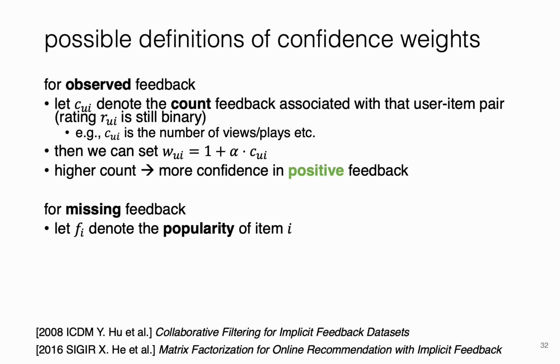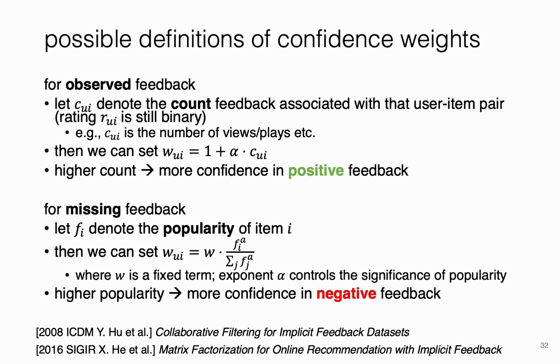Now we can set weight WUI according to this formula, where W is a fixed term and exponent A controls the impact of popularity. If an item is very popular and we have missing feedback for it, then this means that we should be more confident that this feedback is negative.